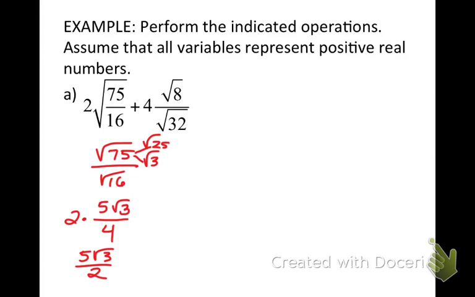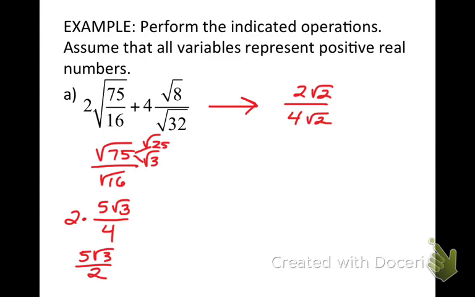Okay, now let's go over to this side. Square root of 8, what does that simplify to? 2 square roots of 2, good. Square root of 32 would be 4 square roots of 2, because that would be 16 times 2. What happens here?